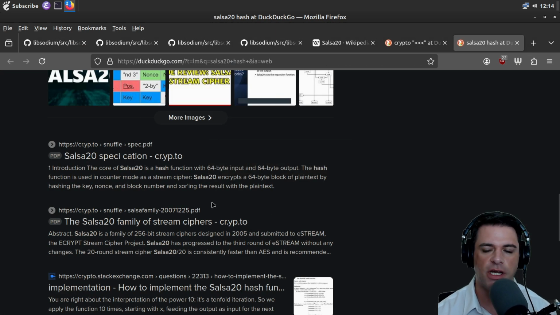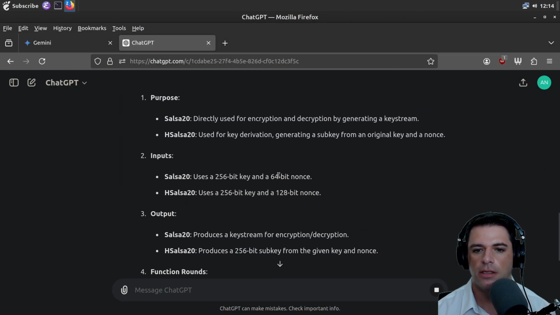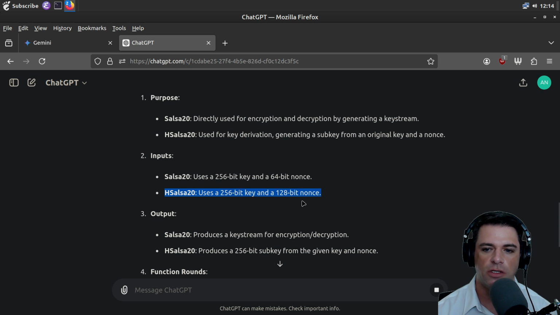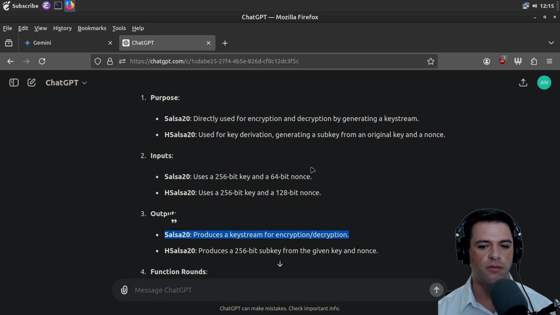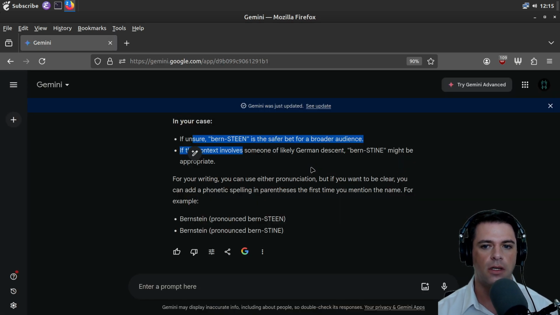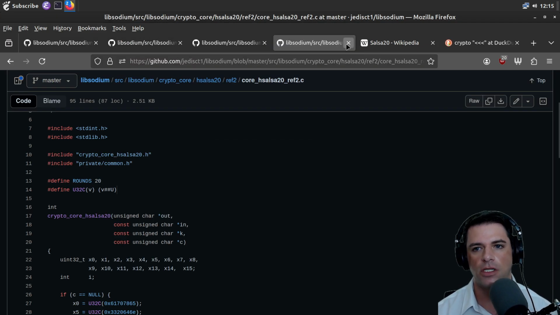At least if you believe ChatGPT is for key derivation. H-Salsa20 uses a longer nonce. H-Salsa20 produces a 256-bit subkey from the given key and nonce. And Salsa20 produces a key stream for encryption/decryption. Cool. All right. So that's Salsa20.